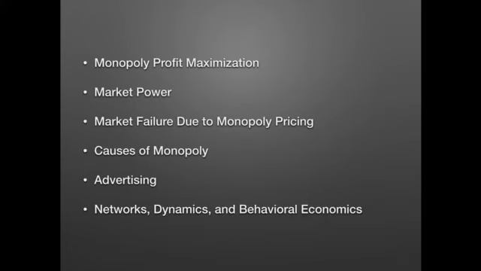Make sure you understand that long-run profit maximization versus short-run profit maximization, particularly with goods that have a network effect. Also, have an understanding of what behavioral economics is and how it is important, particularly for the topic that we're talking about here. In particular, have a notion of what bandwagon effects and snob effects are.